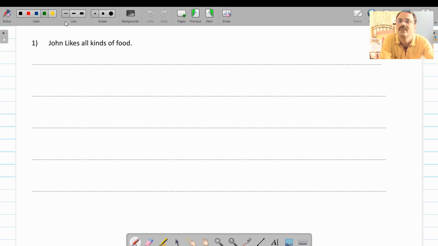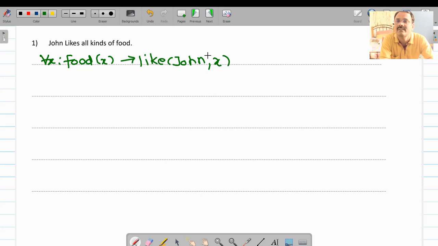So, John likes all kinds of food. For all x, if x is food, then that implies John likes it. That's what this sentence means. If x is food, then John likes x.